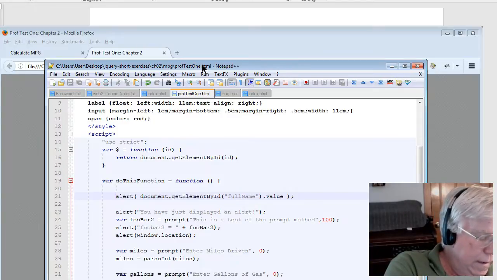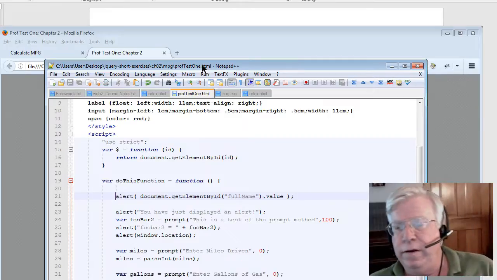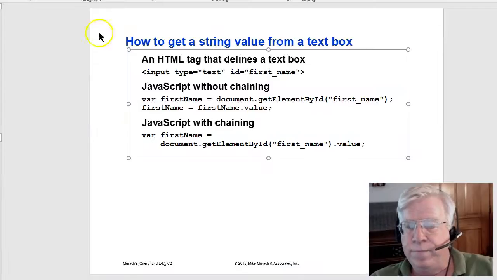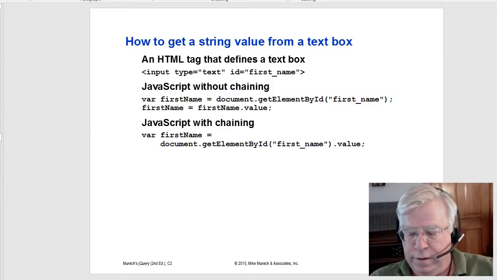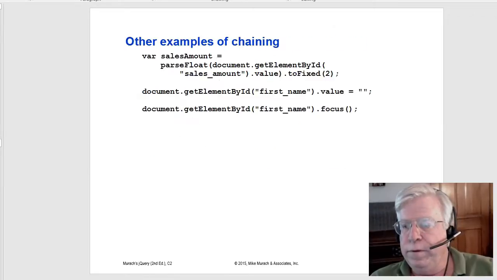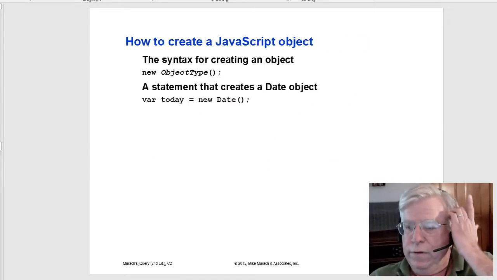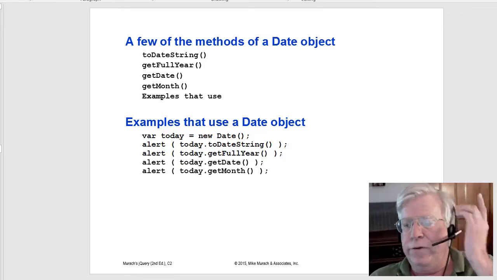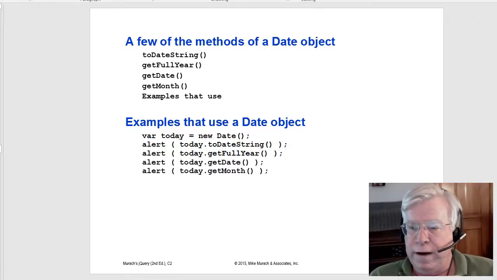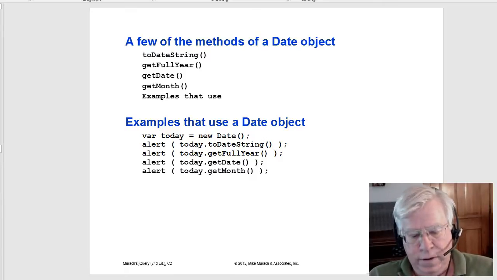Matter of fact, let me just cut and paste those examples from the PowerPoint. Okay, var new date. Yes. I'm going to grab this code right here, and I'll comment out everything else and put this in. Okay, give me a minute.